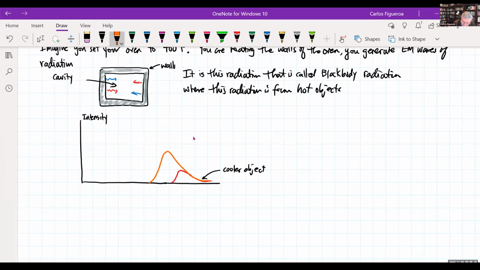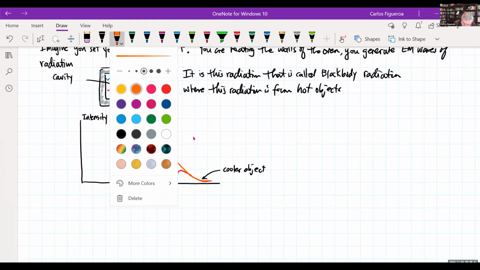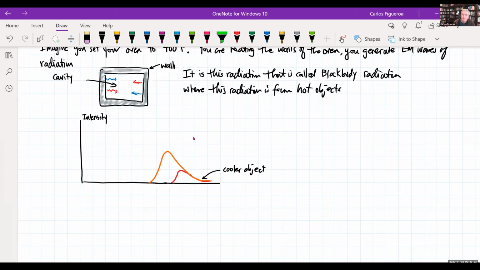So this orange line here tells you that it's getting hotter, but the intensity is growing higher. And then if you continue to heat, this thing shifts even more here. And what you're finding here is that this object is a hotter object, and the hotter object not only has a shift in the wavelength of light, right?